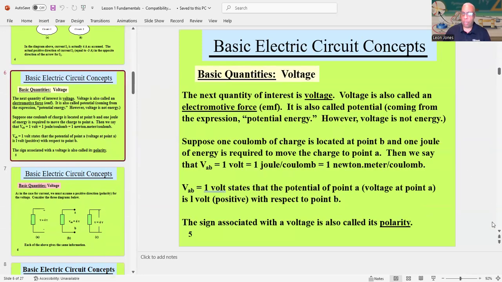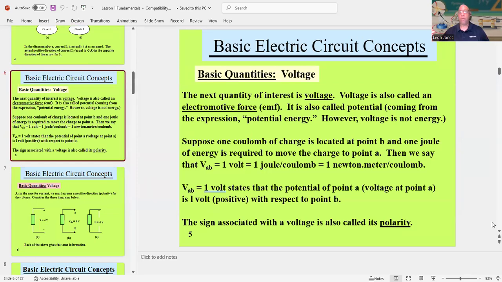So when we have quantities, the basic quantity for electricity is always voltage. Voltage is also called an electromotive force, known as EMF. It is also called potential, coming from the expression potential energy.